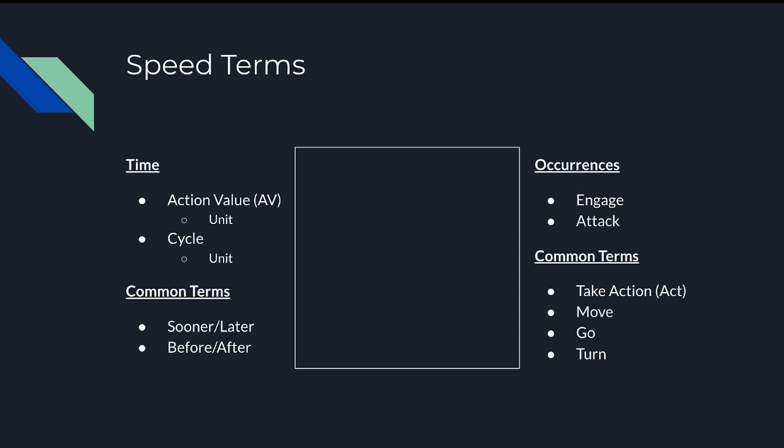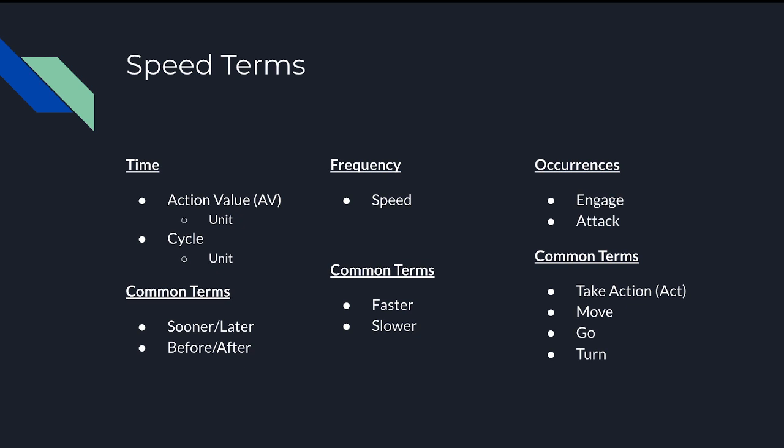The conversion between how much time has elapsed and how many occurrences or attacks you can do is the speed component. And those are governed by going faster or slower than other units. So, understanding these three criteria of how they convert between each other and having precise language is key to understanding speed better.